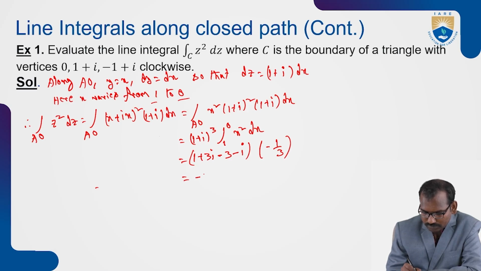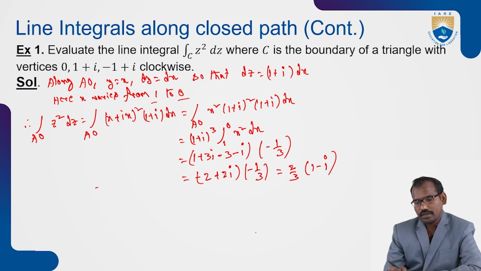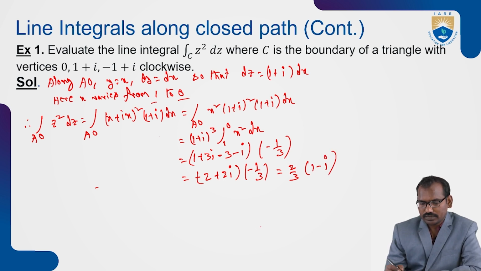Now simplify this, you will get minus 2 plus 2i, and it is minus 1 by 3. It is nothing but 2 by 3, (1 minus i), 2 by 3, (1 minus i).